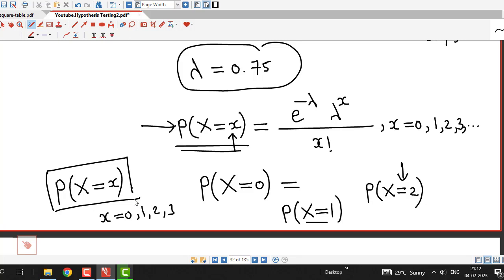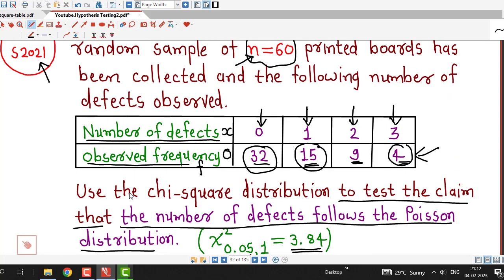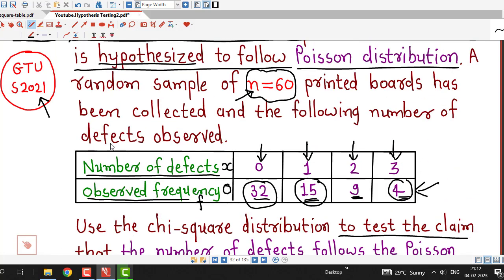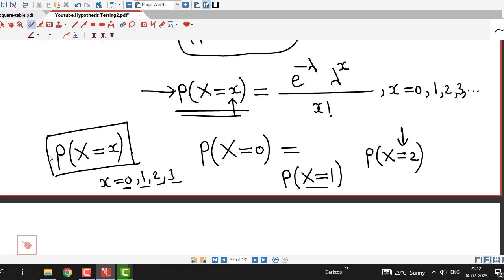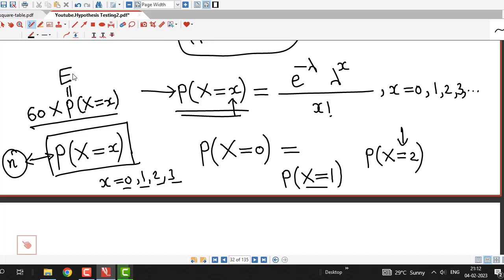So that will give me the expected probabilities for each category. And if I am interested in the expected frequency for each of these categories for the given population, then I will multiply these probabilities by the sample size n, that is, I will multiply with 60 and obtain expected frequencies.